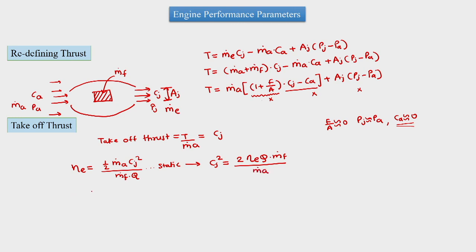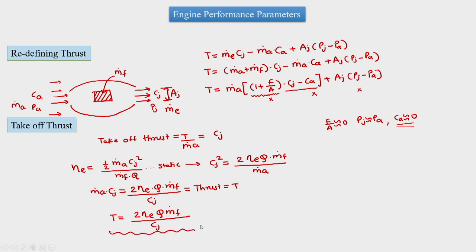So we get m dot a into Cj is equal to 2 into energy conversion efficiency into q into m dot f divided by Cj. So m dot a into Cj is basically thrust. So this is thrust, equal to T. So we know now T is equal to 2 into energy conversion efficiency into calorific value of fuel into mass flow rate of fuel divided by Cj.